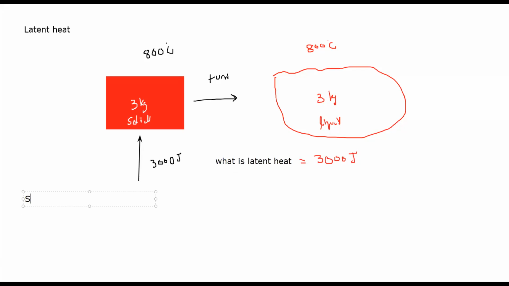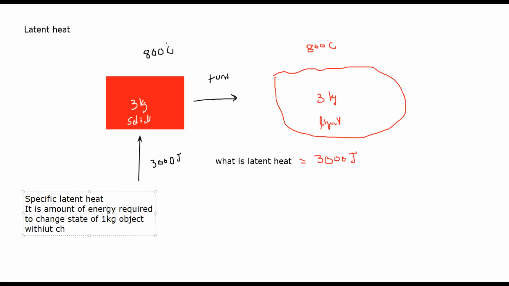But if I say specific latent heat, the term specific latent heat means the amount of energy required to change the state of 1 kg object without change in temperature.